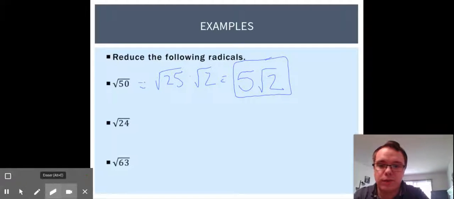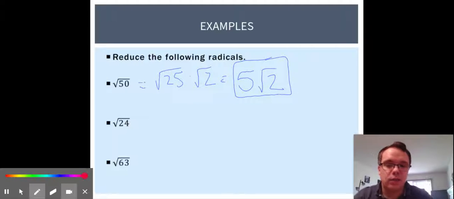Square root of 24. There are a lot of numbers that multiply to get 24. We could use 2 and 12, but neither of those are perfect squares. We could use 3 and 8, but neither of those numbers are perfect squares. So the biggest perfect square that goes into 24 is 4. And so what number times 4 equals 24? And that's 6.